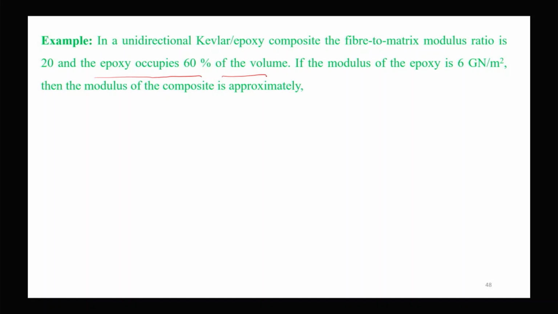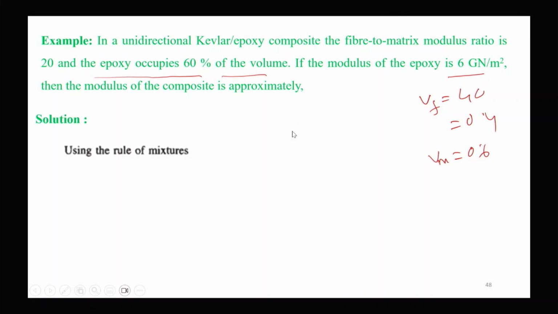So the volume fraction of epoxy, that is the matrix, is 60%, the fiber volume fraction will be 0.4, and the matrix volume fraction will be 0.6. If the modulus of epoxy is 6 giganewton per square meter, then what is the modulus of the composite?